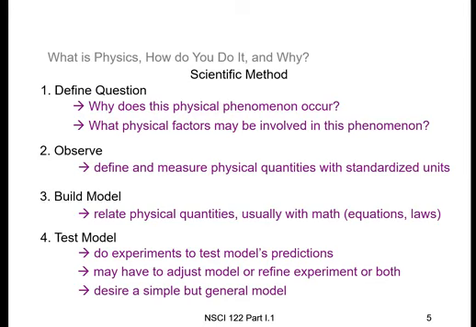So it turns out, for instance, for the rock falling, the theory of gravity and how things move through air, that will get you a really good prediction of how long it takes the rock to hit the ground. But it turns out that model of gravity, right, is not just great for determining how fast it takes rocks to fall. It also can tell you a whole bunch of other stuff, from how the planets move around the sun, how the Earth moves around the sun, how the moon moves around the Earth. So that theory of gravity turns out to be a really general model that can be used.